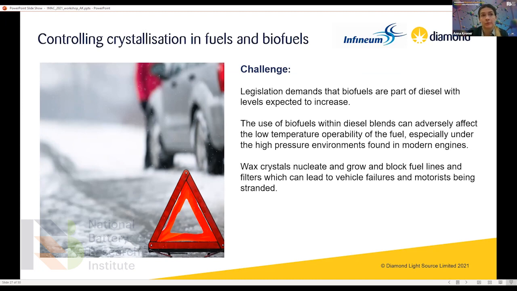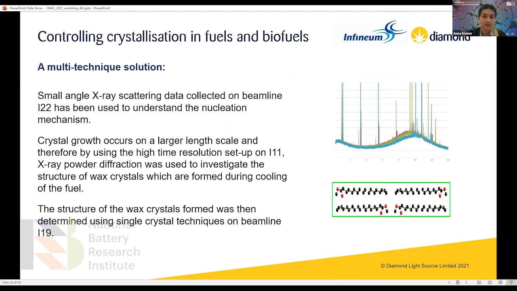They wanted to understand the structure, and they used three techniques: small angle X-ray scattering, powder diffraction and small molecule diffraction, in order to study the nucleation, but also the structure of the wax crystals during the cooling of the fuel.